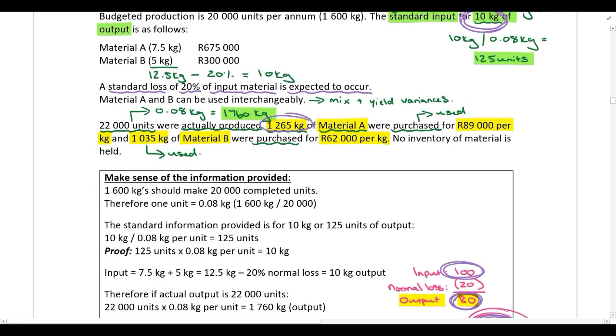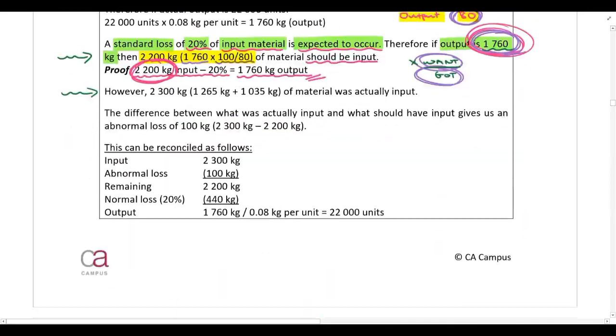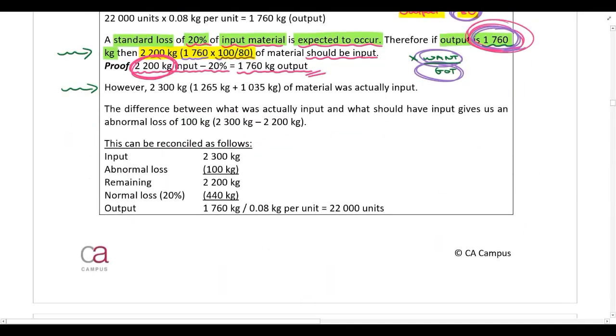They actually input 1,265 kilograms of material A and 1,035 kilograms of material B. That's what they actually input. In total, 2,300 kilograms. So we can now see we have an abnormal loss of 100 kilograms.